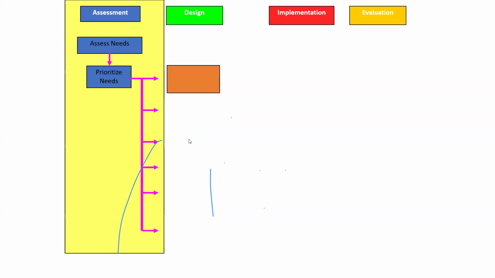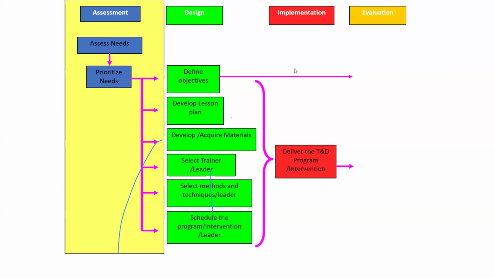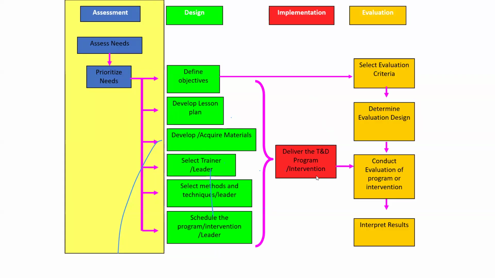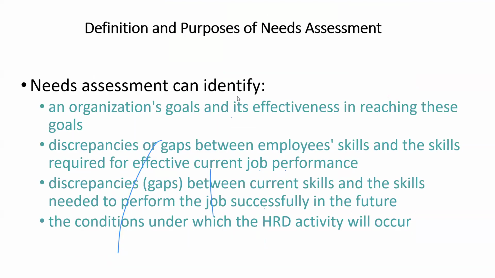Then design and those things will be discussed in later lessons. After that, based on the design, we can implement, and finally we can evaluate. Each sub-step will be discussed in later lessons, right? So today the yellow highlighted area is the focus, and this is the process.